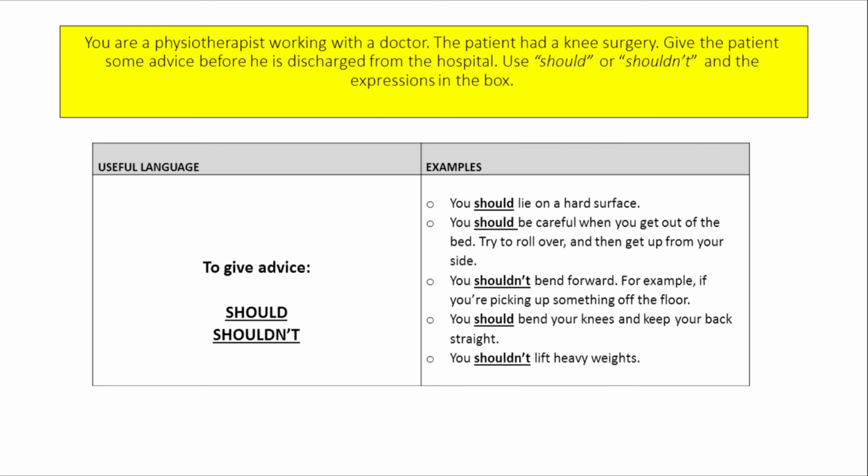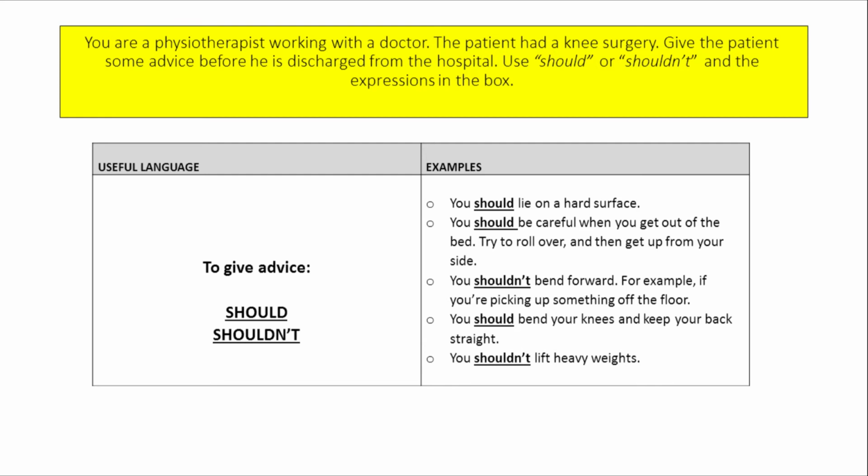To give instructions, we use polite forms for initial instruction and direct instruction. Okay. But when we give advice, we use should or shouldn't. Look at the examples. You should lie on a hard surface.